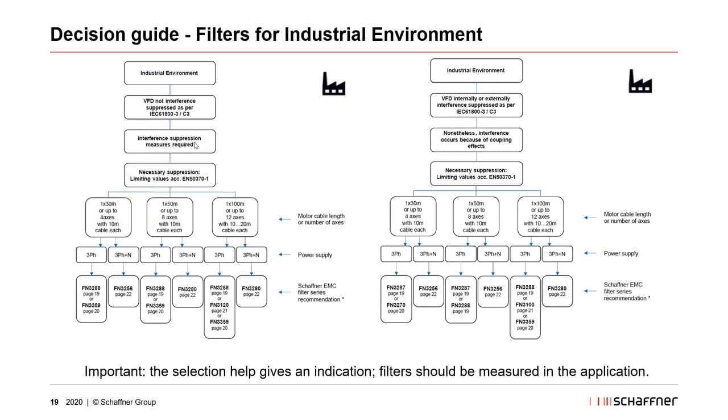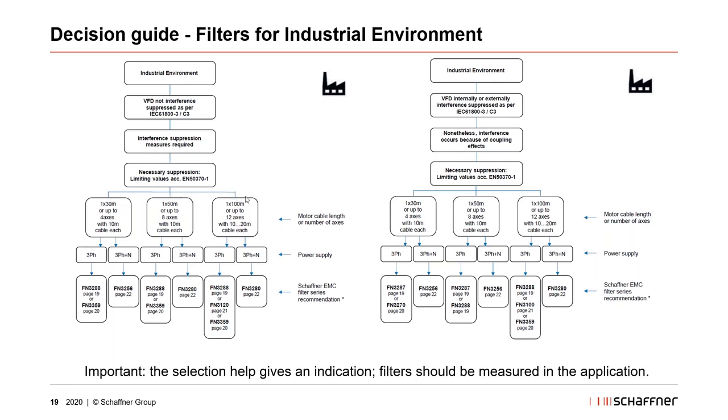In the lower tree, you see a distinction between the cable length and the axes, for example, for a not so complex system. Let's say for one drive with 30 meters, you can use FN3288, for example, which is the high performance 3-phase filter, or FN3359.